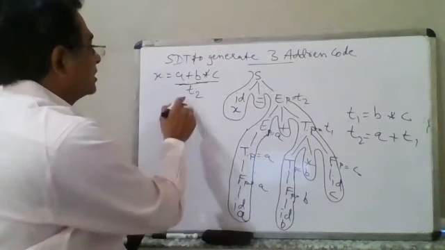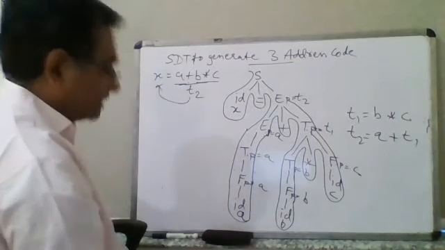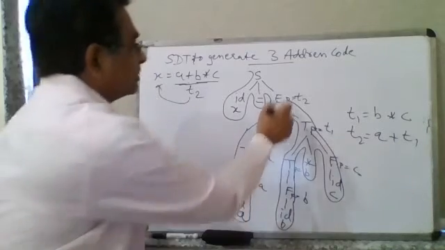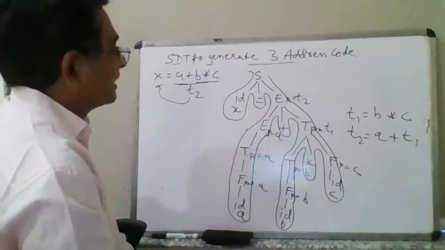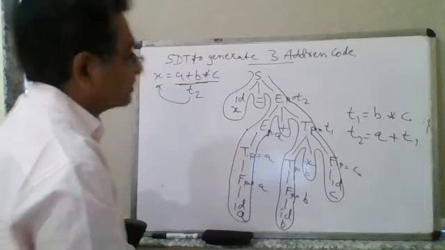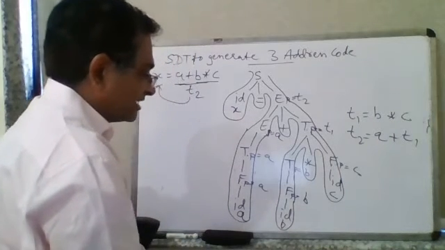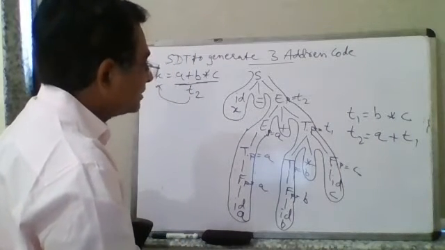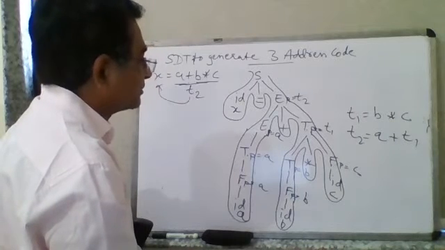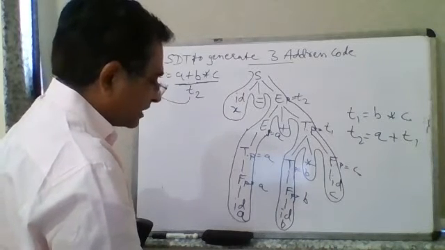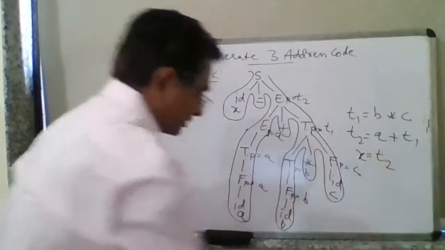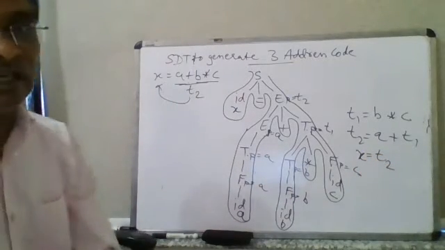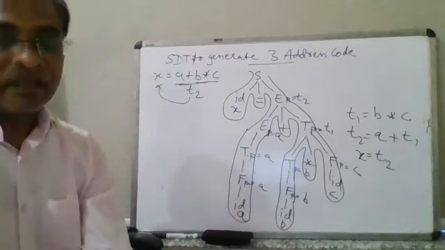This T2 is then supposed to be given to the variable X. So it will come here, and ID is X, and X will be given the value which is T2. So it will again generate ID dot name equal to E dot place, and we'll say that X equal to T2. So this is how the intermediate code has been generated for the 3 address code.